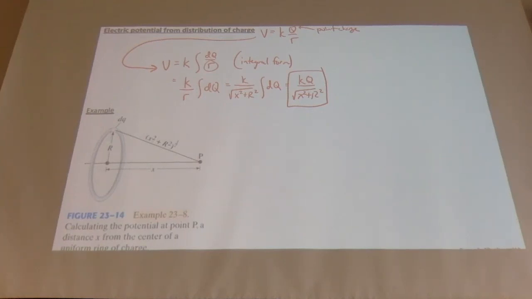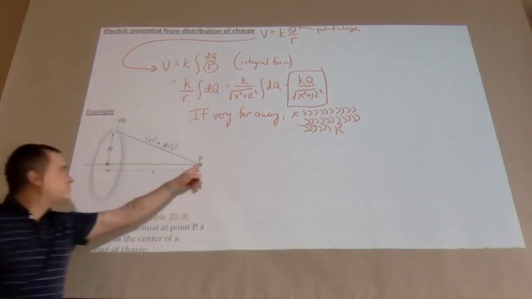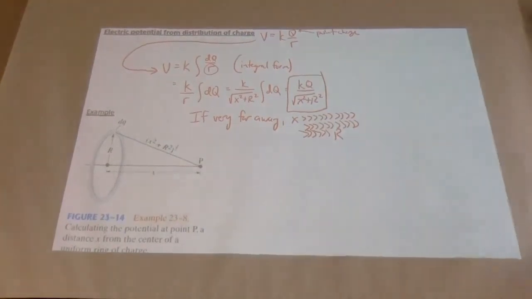kQ over that distance. So what happens if I get very far away? Let me just see what happens. In other words, if x is much greater than the radius, so instead of looking at some distance x, we're just going to let the x be way over here somewhere.